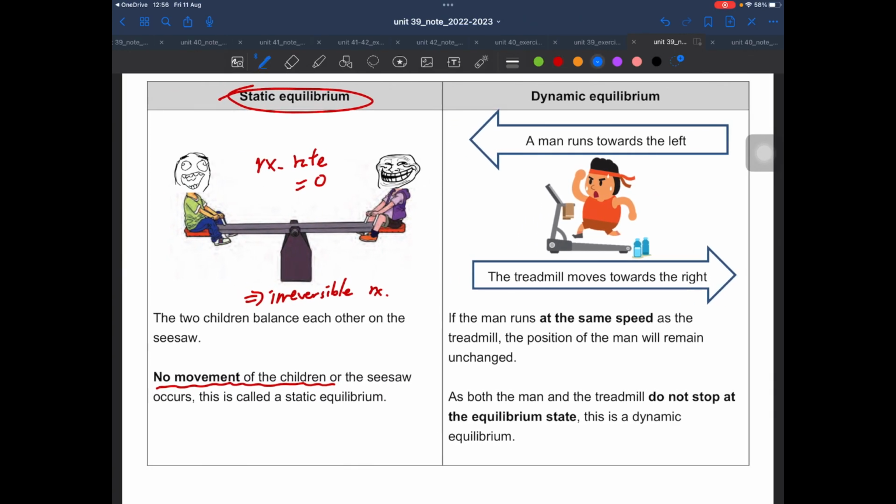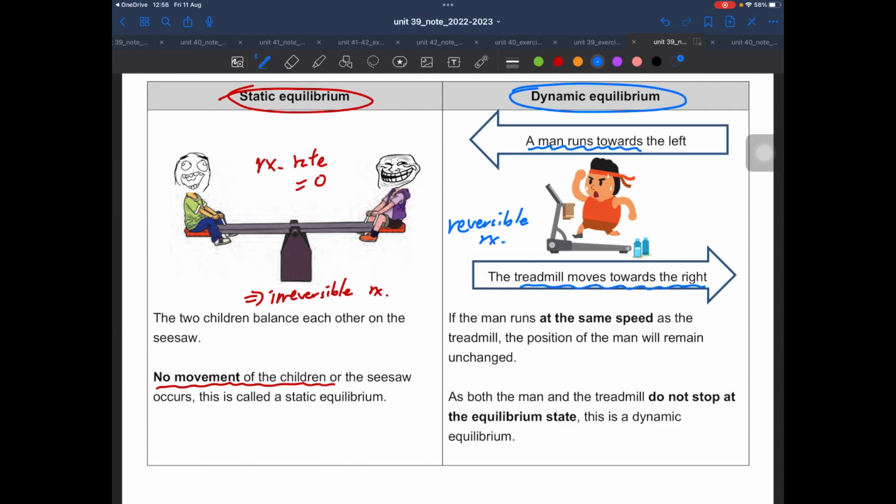So what about the reversible one? For the reversible one, we use the term dynamic equilibrium. Let's see this man. He is trying hard to run towards the left, right? But the machine is moving towards the right.